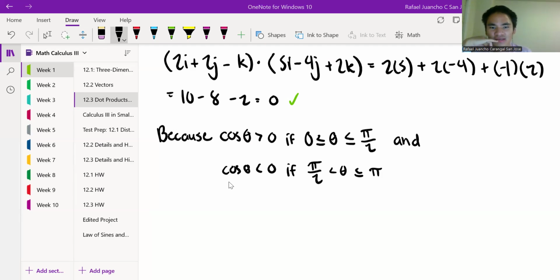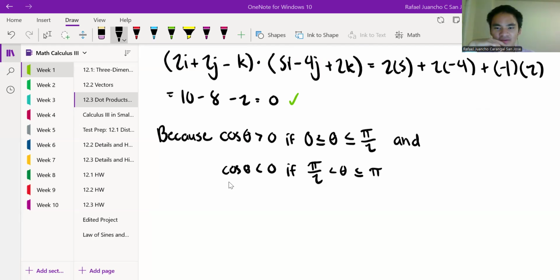So here we see that a times b, or the dot product of vectors a and b, is positive for theta that's less than pi over 2, and it's negative for theta greater than pi over 2.